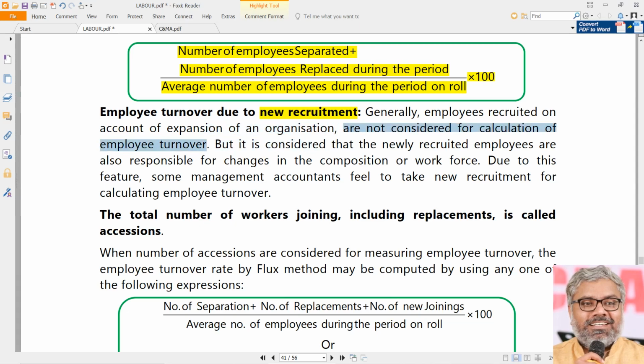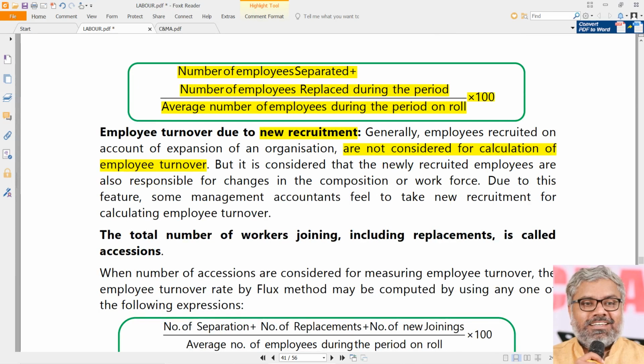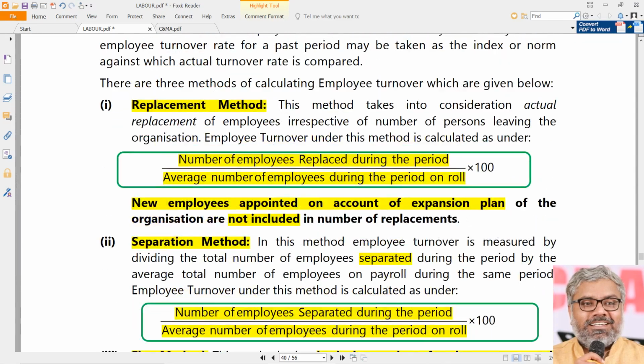New recruitment is not replacement. New recruitment is happening because of expansion plans of the organization, not because somebody has left and that person is replaced. If it was the case, that was called replacement, and that is included in labor turnover already. But if there is only a fresh recruitment without anybody going out in that place, that is new recruitment or fresh recruitment. So in general, we don't consider it, either in the replacement method.